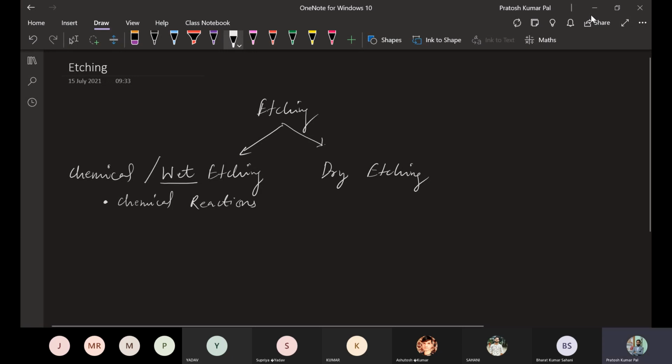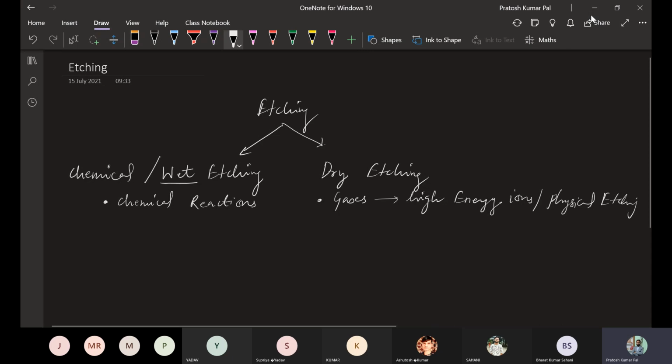The next is dry etching. In dry etching, basically we will be using gases, and these gases will have high energy. High energy ions will be used for etching. That is etching done by the physical removal of material, or you can call it physical etching.